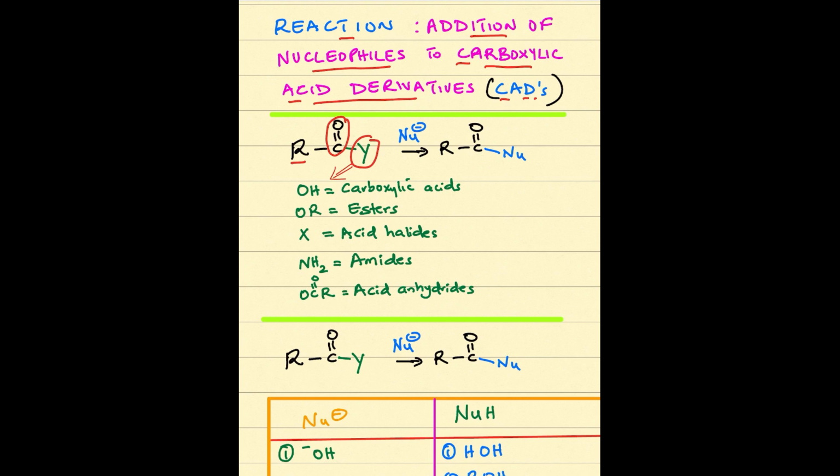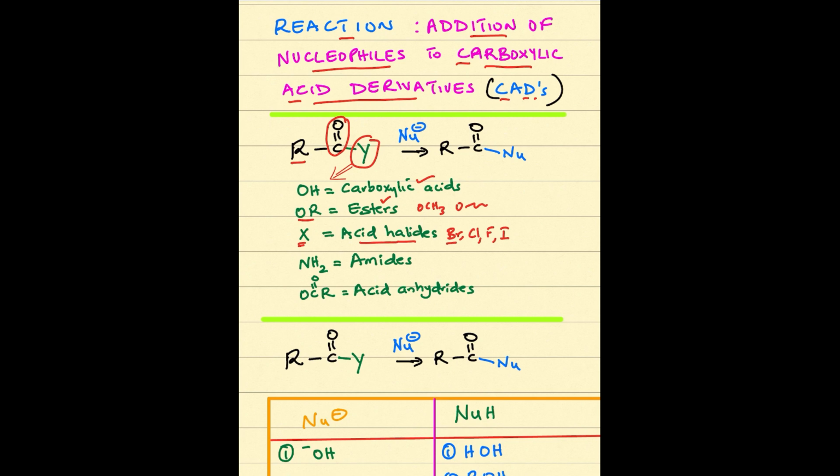So if Y is OH, that becomes just a carboxylic acid. If Y is OR, that means alkoxy group, so something like OCH3, or different types of R, then that becomes an ester. If Y is an X, where X is group 7A compounds, which are halides or halogens, so that's bromine, chlorine, fluorine, and iodine, that becomes acid halides.